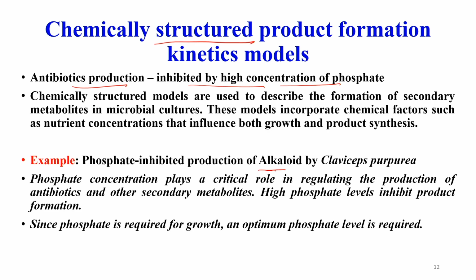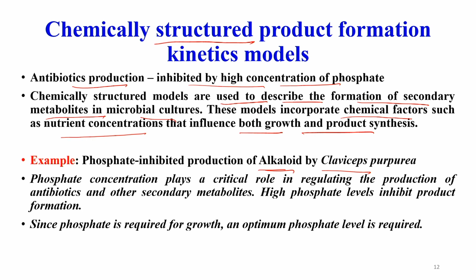One can also take the example of other secondary metabolites like alkaloids produced by Claviceps species. Chemically structured models are used to describe the formation of secondary metabolites in microbial culture, and these models incorporate chemical factors such as nutrient concentration, which affect both growth as well as product synthesis.